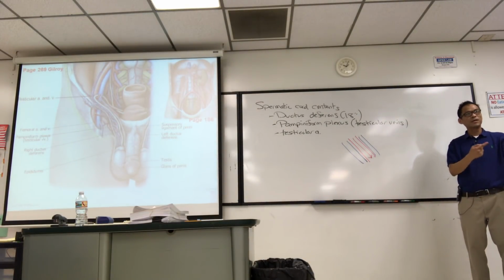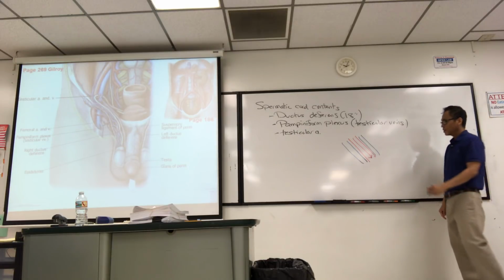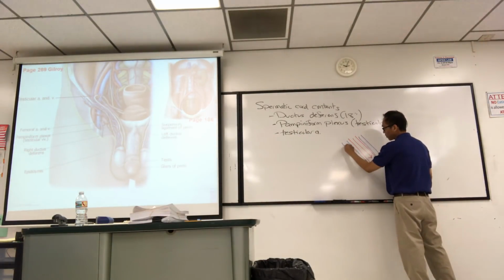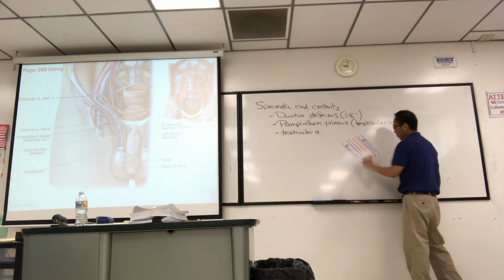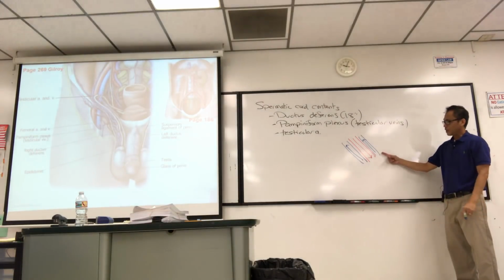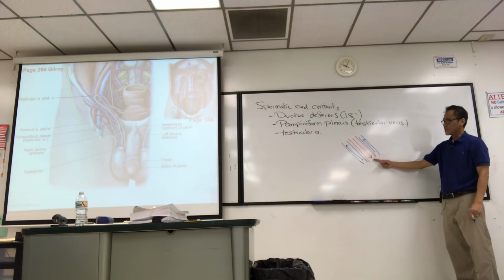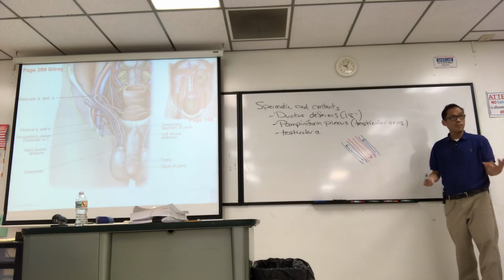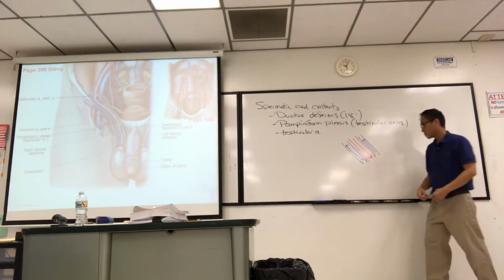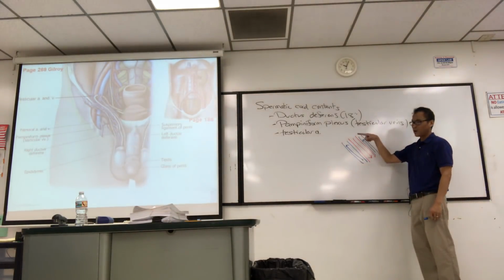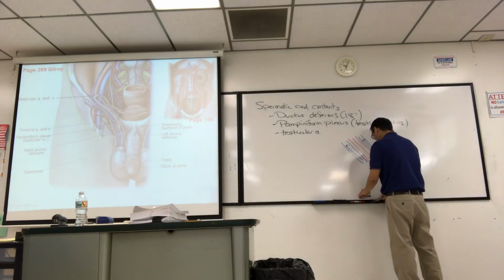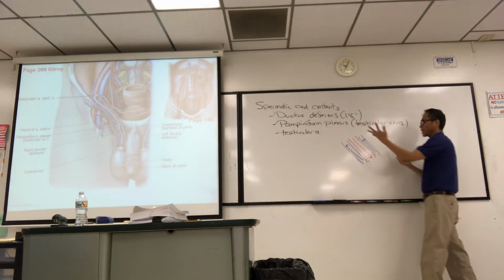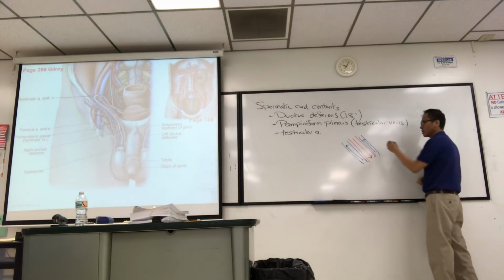They're collecting it, returning it to the heart to get oxygenated by the lungs. But anyway, blood is flowing the opposite way. The cooler venous blood is taking the heat from the hot arterial blood, so the blood is cooler when it reaches the testes. That's why there are more testicular veins than arteries. That's why I call this a counter-current exchange of heat.